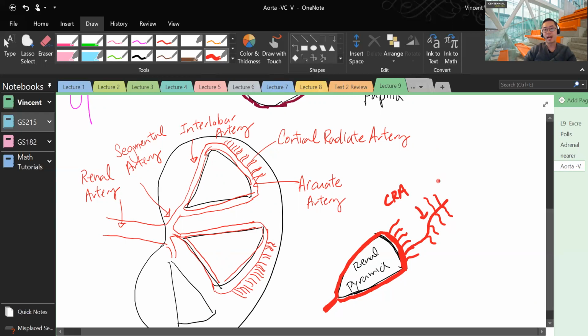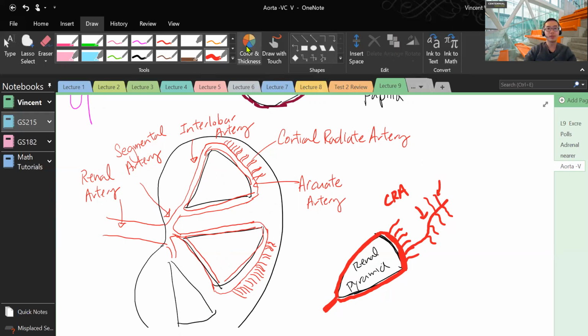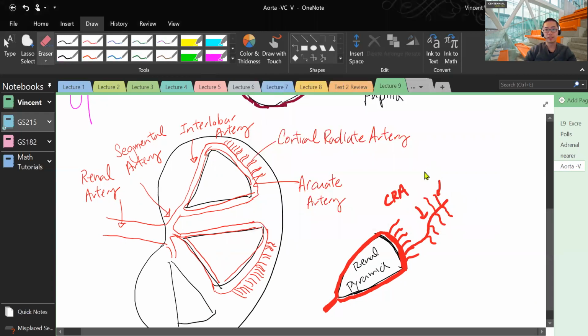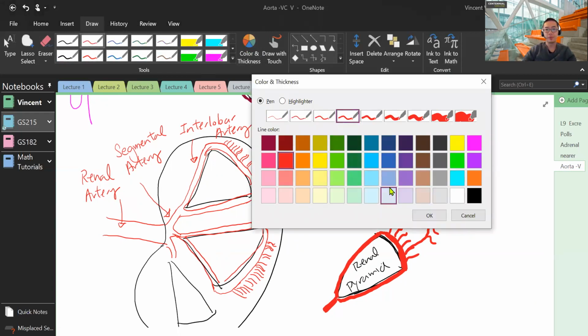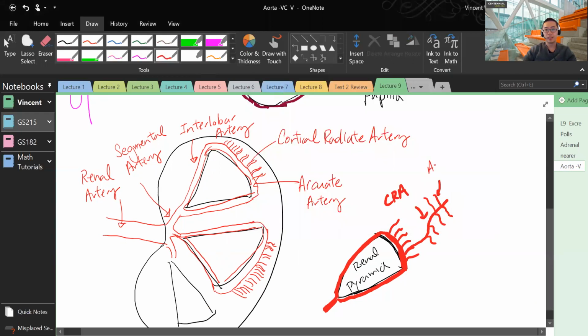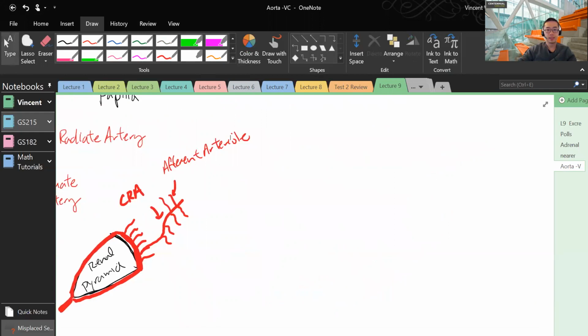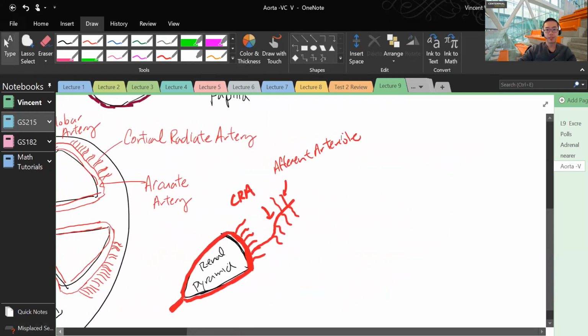These sideways ones are called the afferent arteriole.